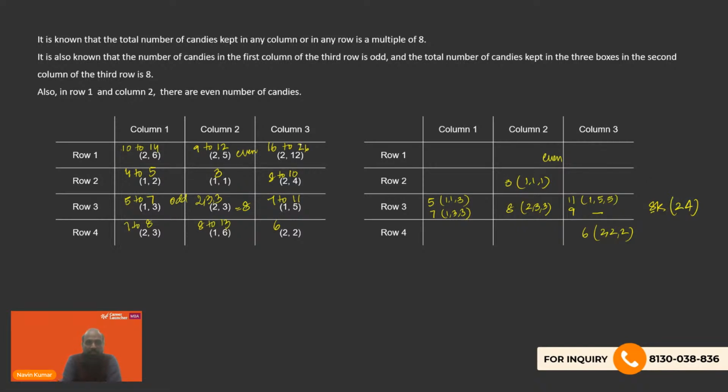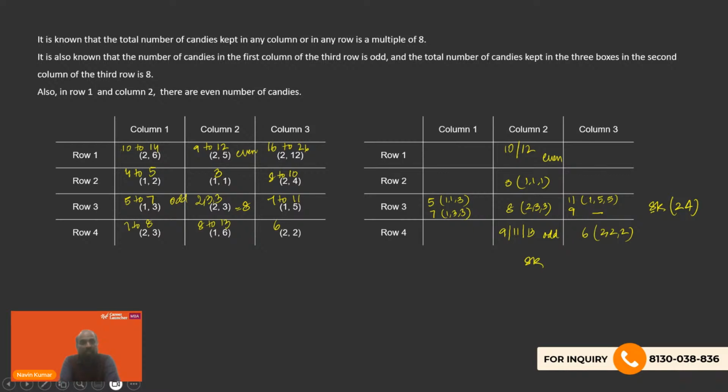That means from 9 to 12, we can only take 10 or 12 here. And since we need the sum to be a multiple of 8 again, which is an even number, so 10 and 12, whichever we choose from there, is even. 8 is already even. 3 is odd. So we are supposed to have an odd value here as well in the fourth row. So the odd values from 8 to 13 that we can have is going to be 9, 11, or 13.